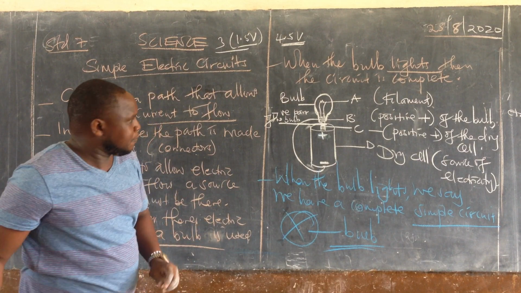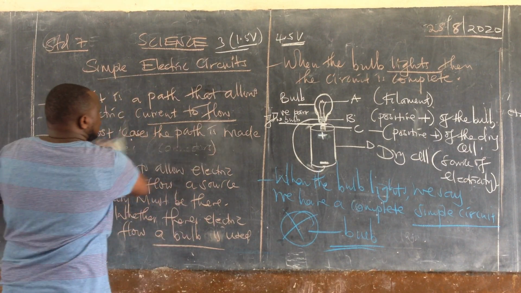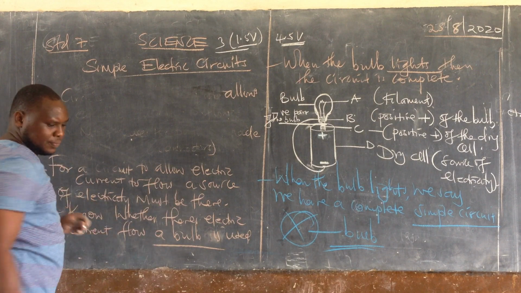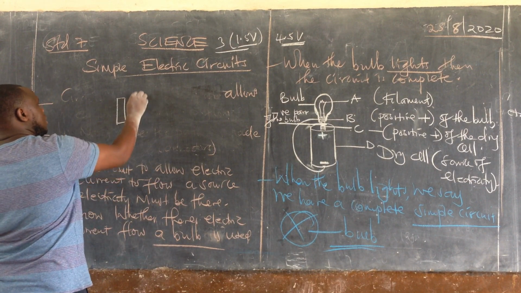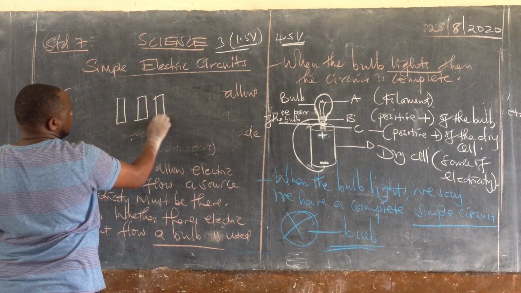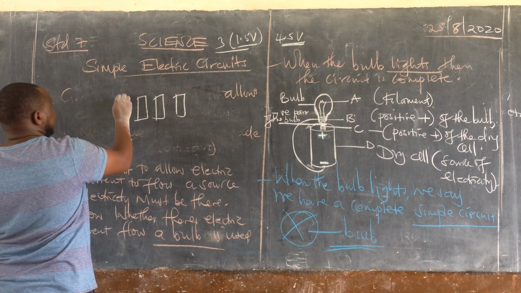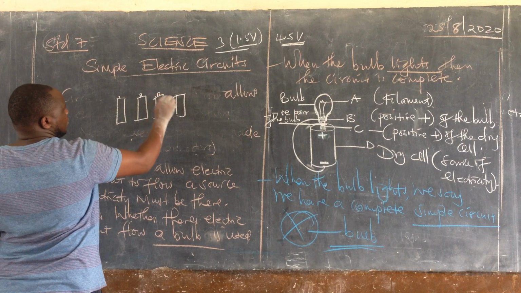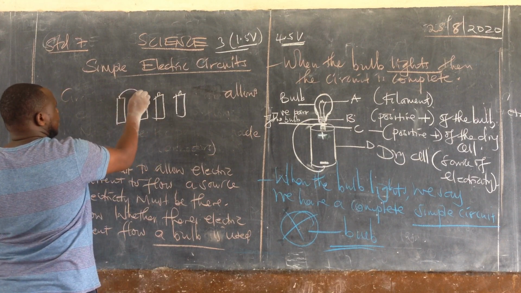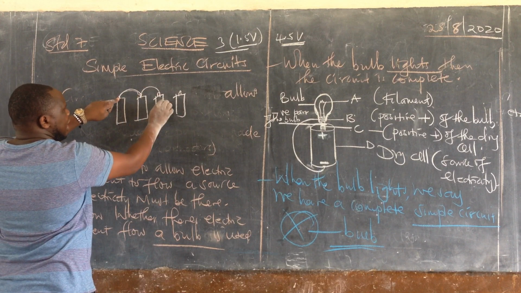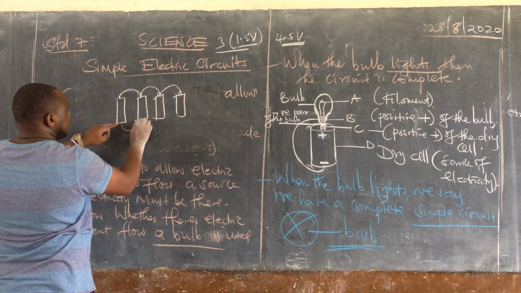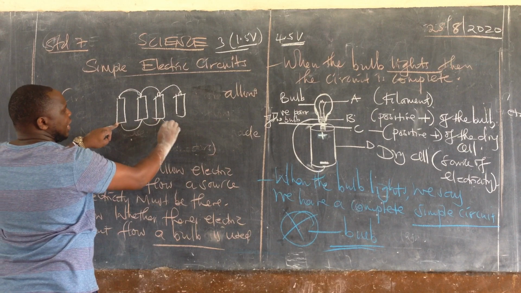This is what I mean. If you connect dry cells in this manner, assuming you have 4 of them, this is a positive to a positive, this is a connector, a wire, and a wire, a negative to a negative, a wire, and a wire.